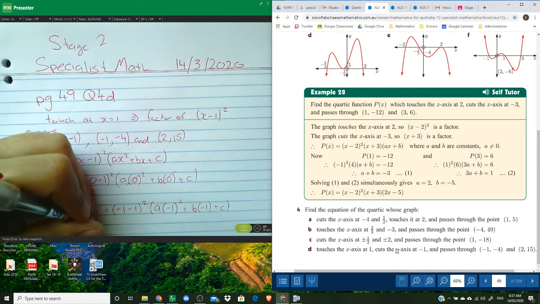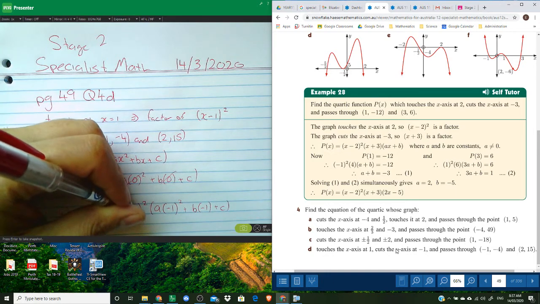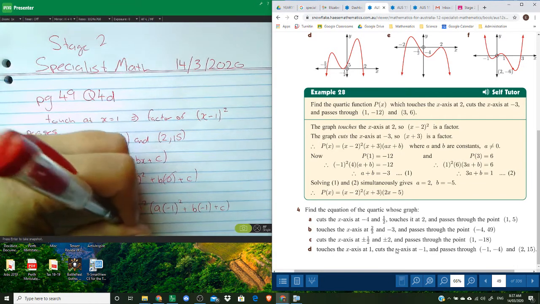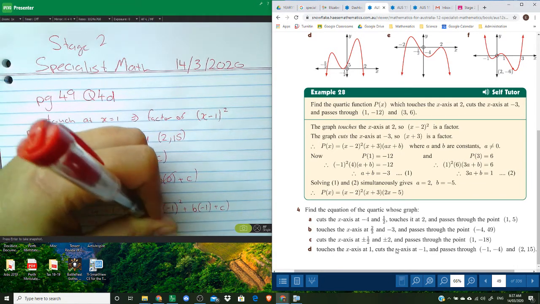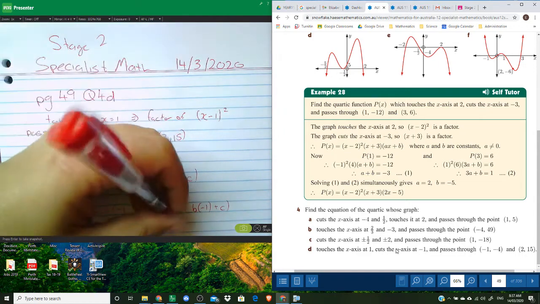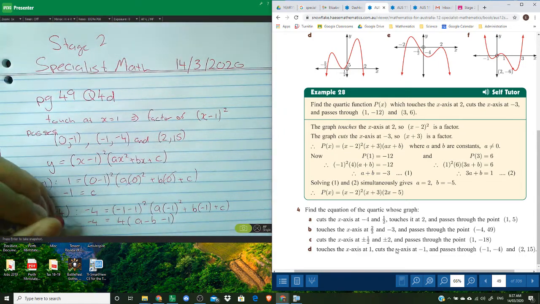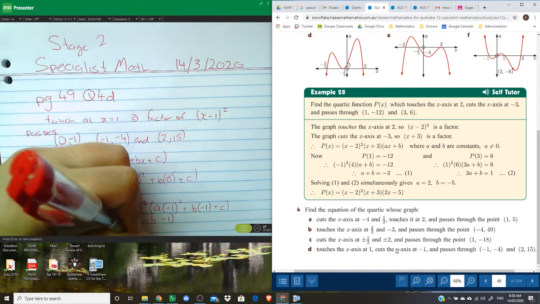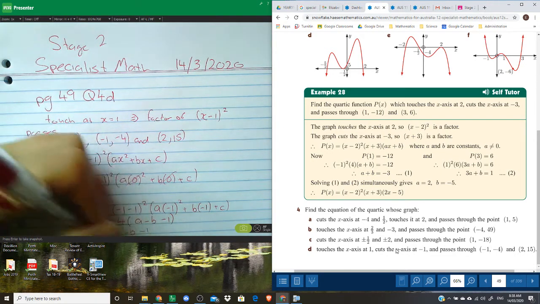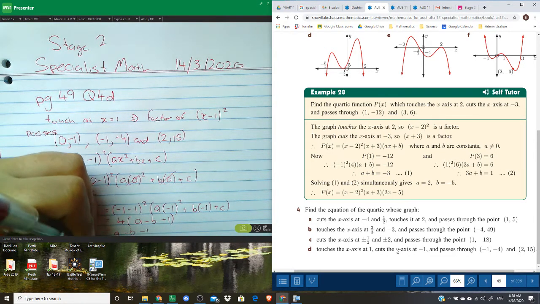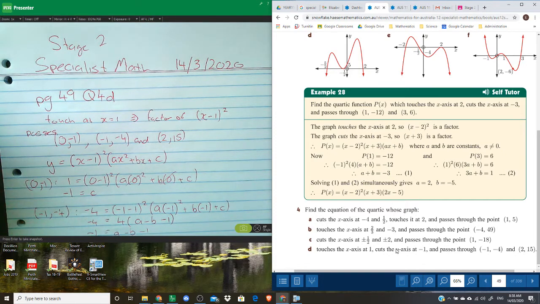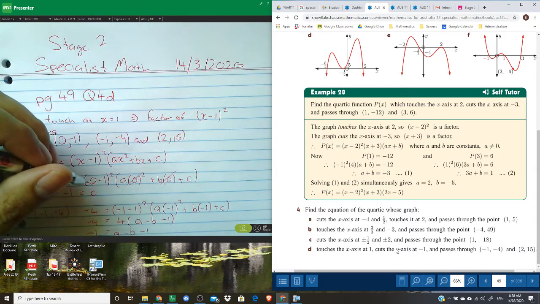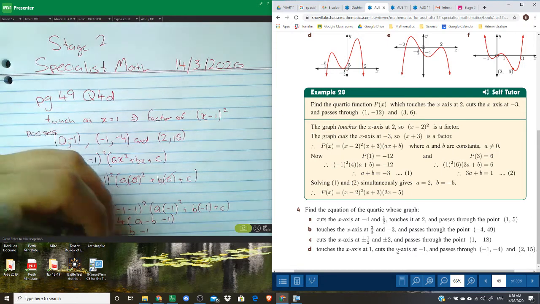So minus 4 equals 4 times (a minus b, and don't forget you already know what c is, so minus 1). I'm going to divide that by 4, why not? Minus 1 equals a minus b minus 1. Add 1 to both sides, and add b across as well. Looks like a equals b.